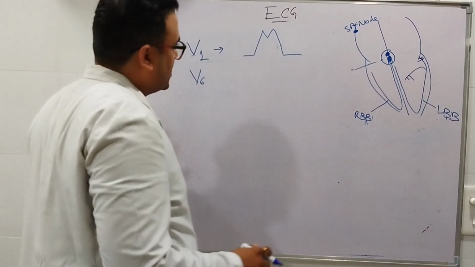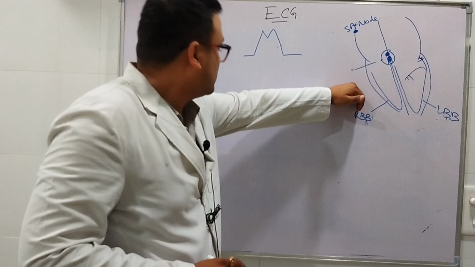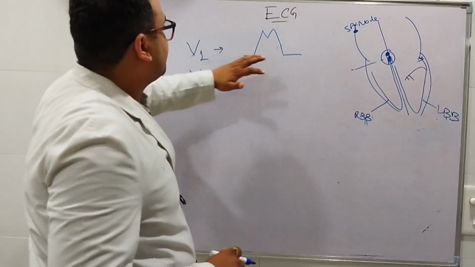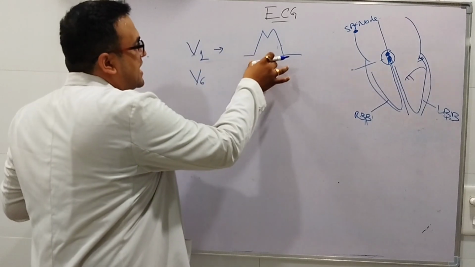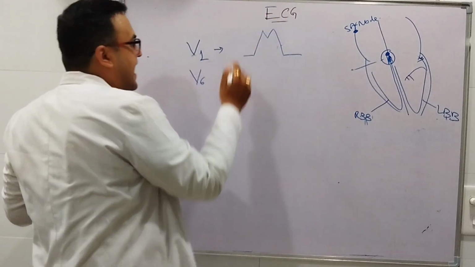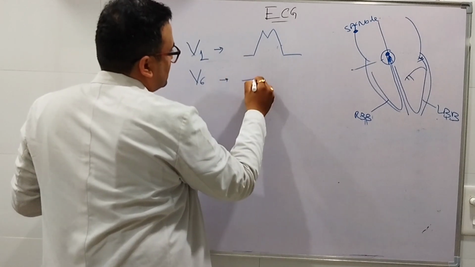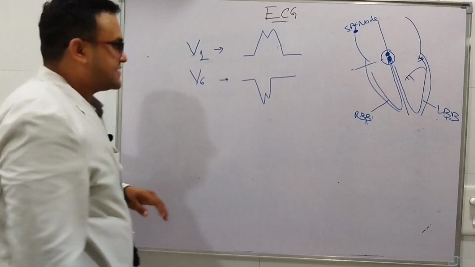Number one, it will be wide complex because there is a block at the ventricular level, and the force of QRS in V1 is above the baseline, and in V6 it is below the baseline.